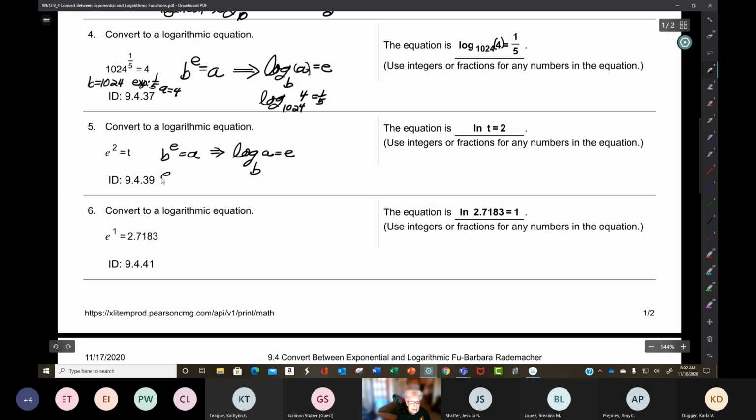So e to the 2 equals t. That's going to be log base e of t equals 2.